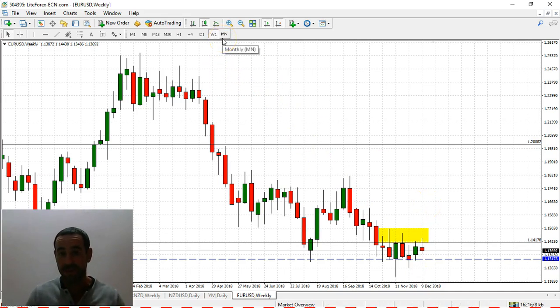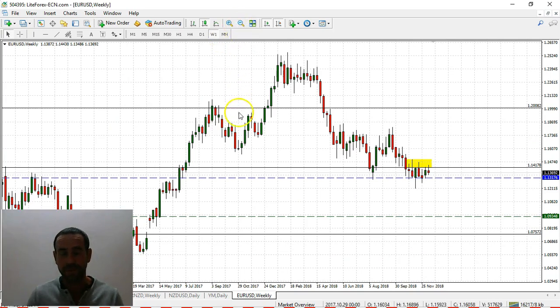Now, here's another interesting point. On the way up, when it began to reverse, it actually began to form a head and shoulders pattern. Now, it's not the most obvious head and shoulders pattern because of the massive head. But this is the best head and shoulders pattern you can find.